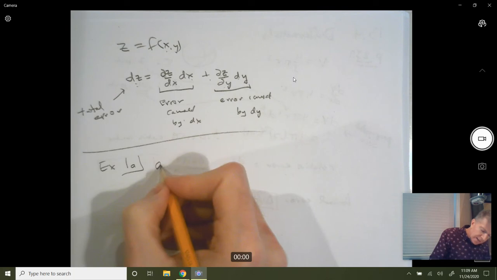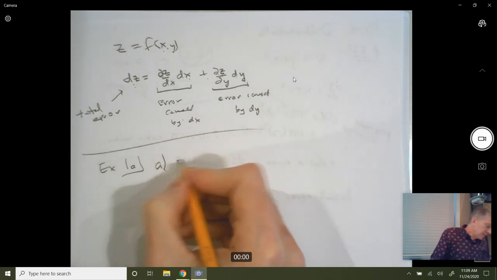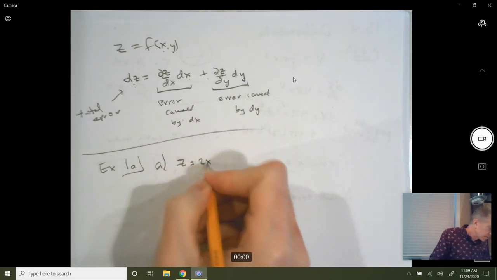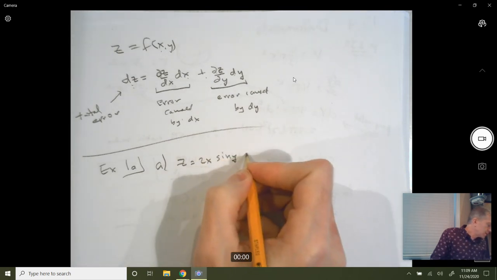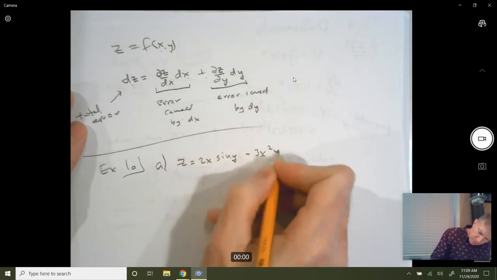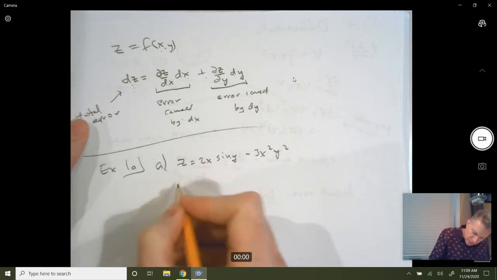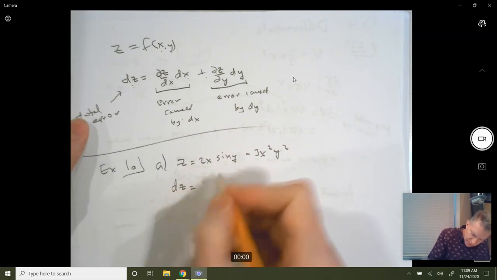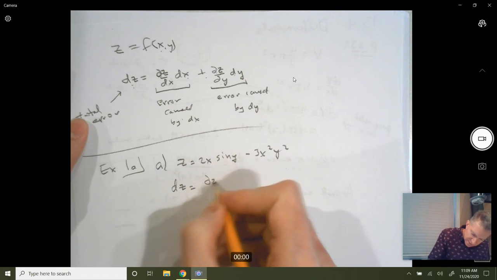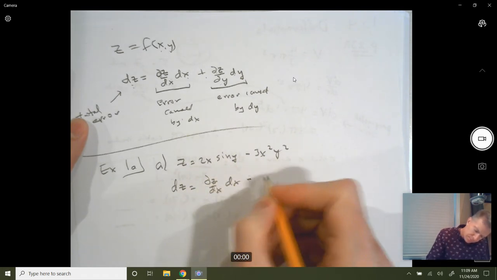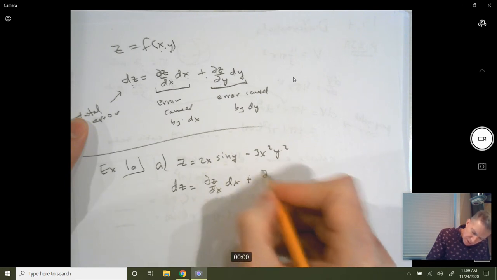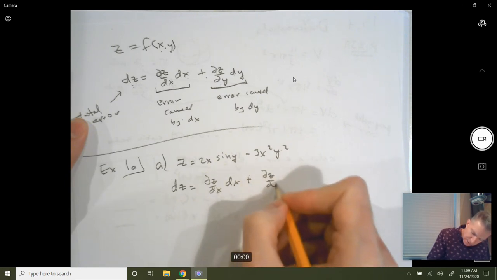So for A, you've got z equals 2x sine y minus 3x squared y squared. To find the total differential dz, you're going to do partial dz dx times your dx plus your partial dz dy times your dy.